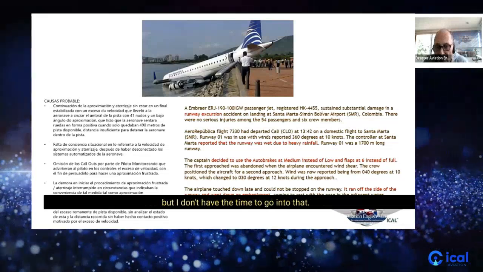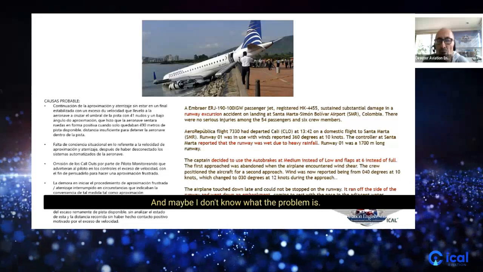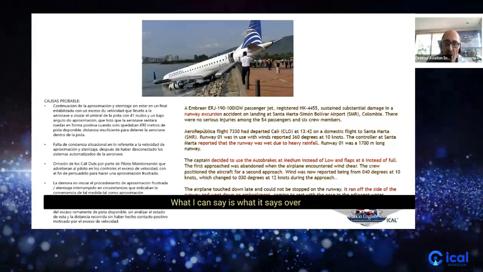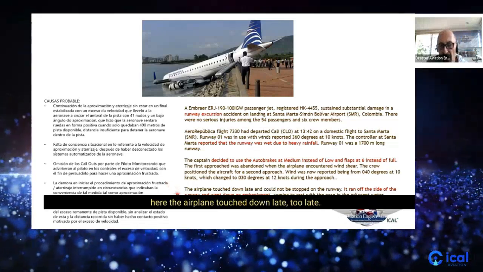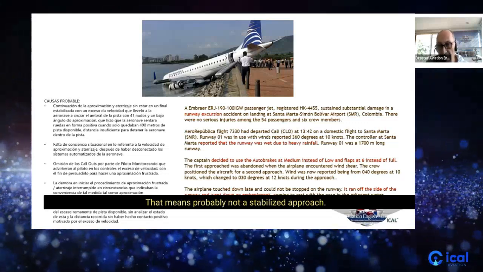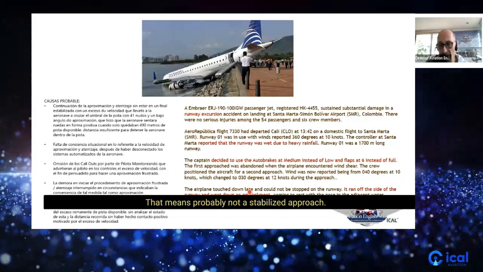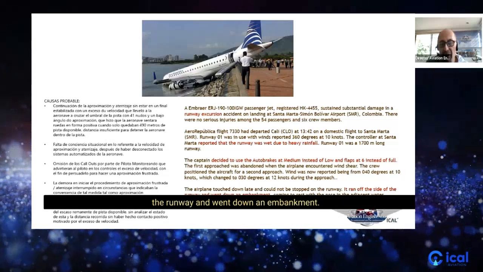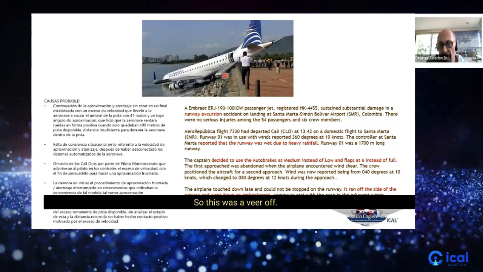But I don't have the time to go into that, and maybe I don't know what the problem is. What I can say is what it says over here: the airplane touched down late. Too late. That means probably not a stabilized approach, and it ran off the side of the runway and went down an embankment. So this was a veer off.